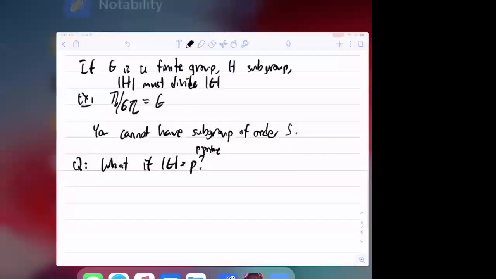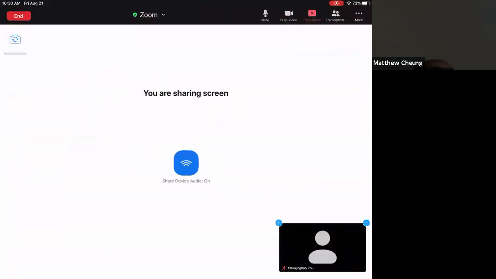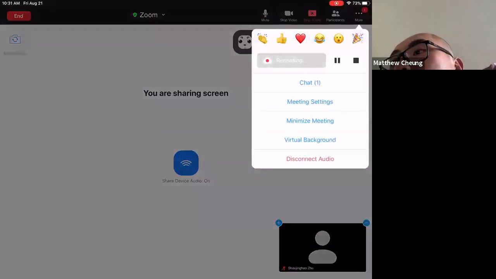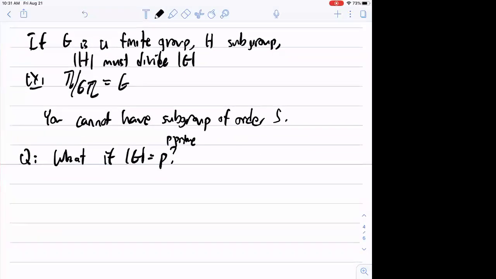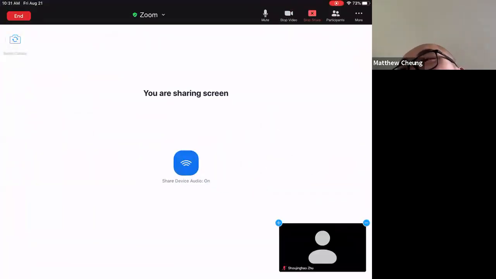If the order of G is prime and I have a subgroup, by Lagrange the order of the subgroup must divide P. So what numbers divide a prime?